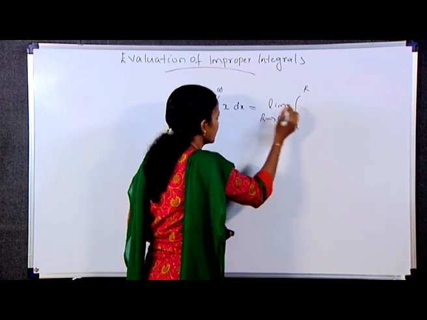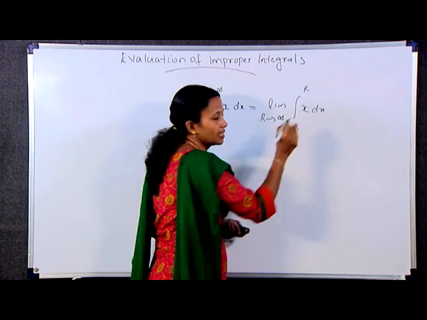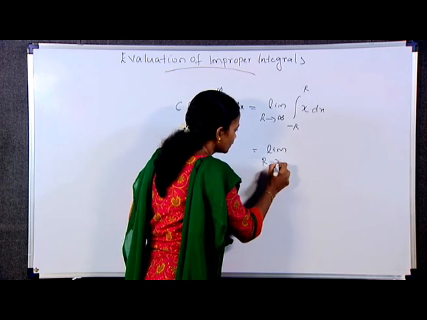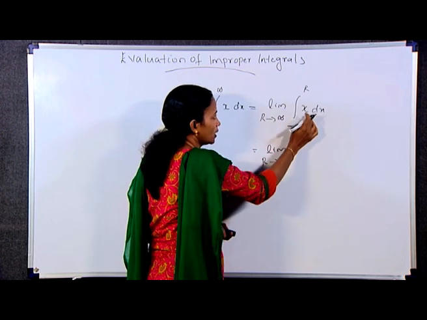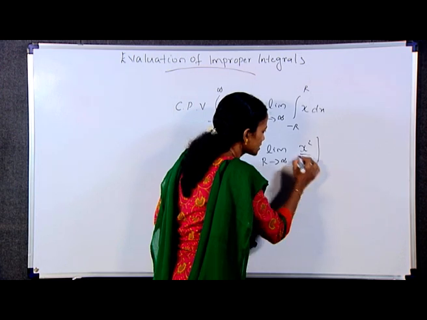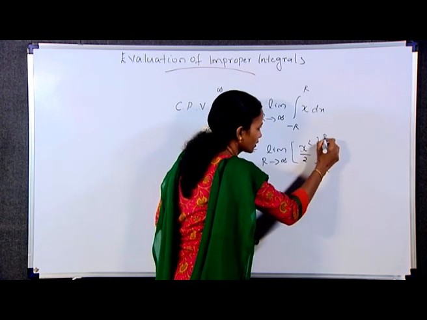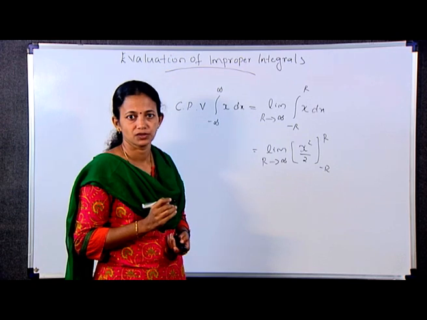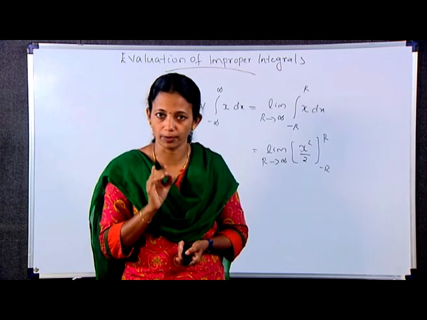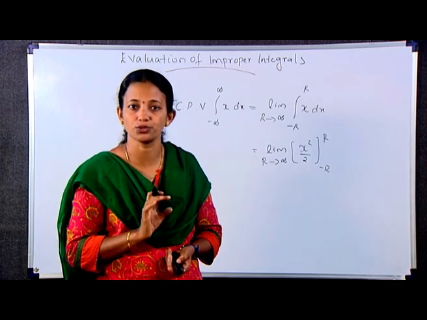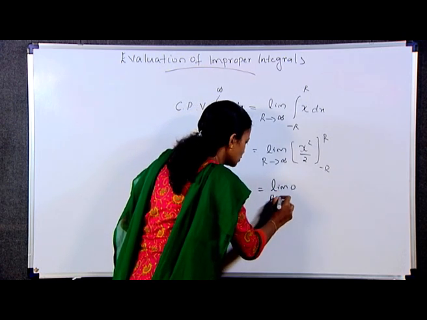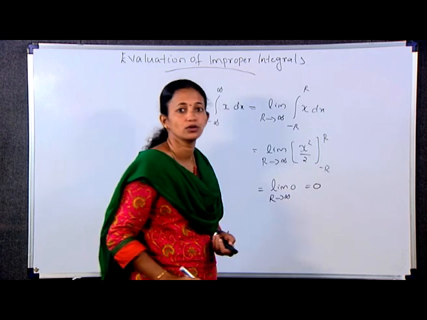Since f(x) is x, it is the limit of integral from minus r to r of x dx. So it becomes x squared by 2 over the limits minus r to r, which is equal to the limit as r tends to infinity of r squared by 2 minus r squared by 2, which is equal to the limit of 0, which is equal to 0.